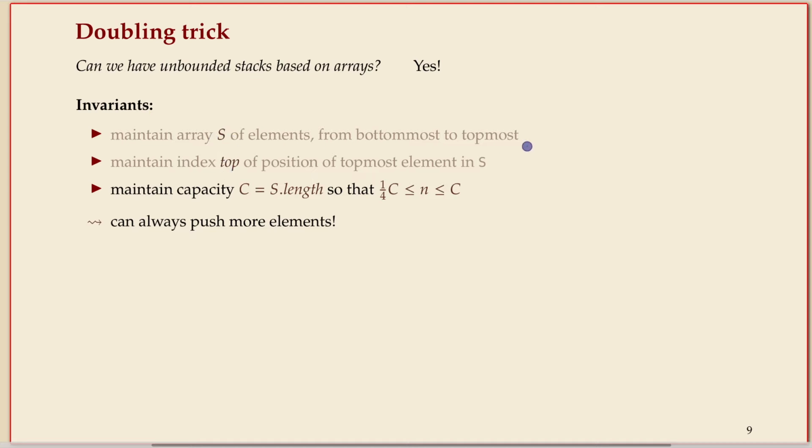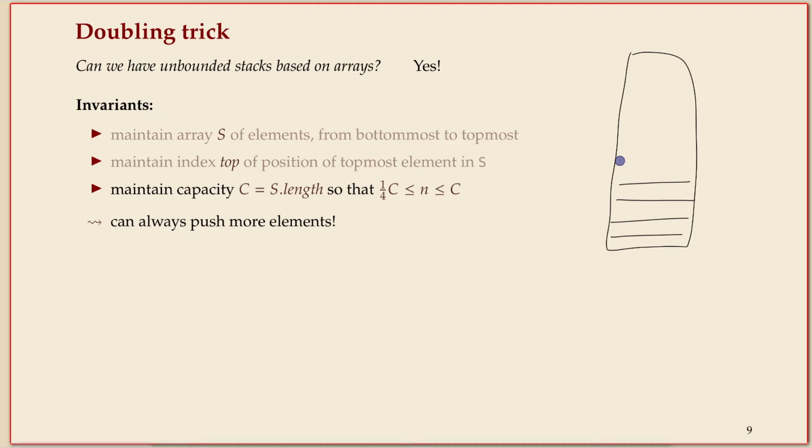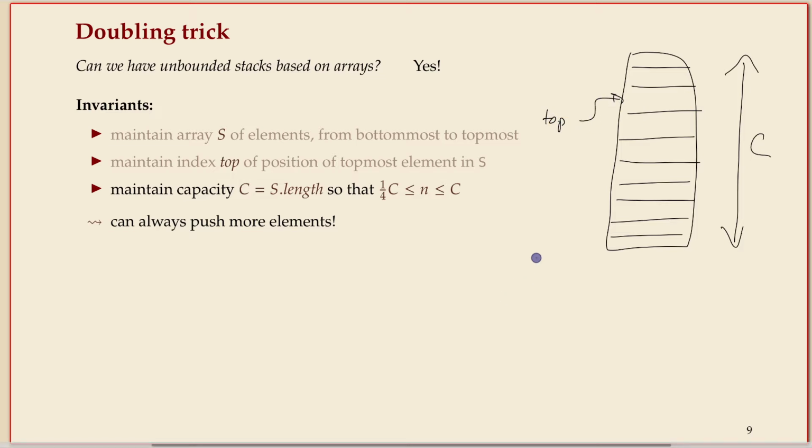We had these two invariants from the array-based stack. We maintained an array S. Remember, I drew this so that it resembles this stack of books. And the trouble was it has fixed capacity C, so it has a height C. And we kept the pointer top pointing to whatever is the current topmost element that is in use.